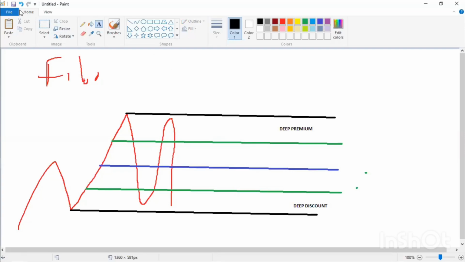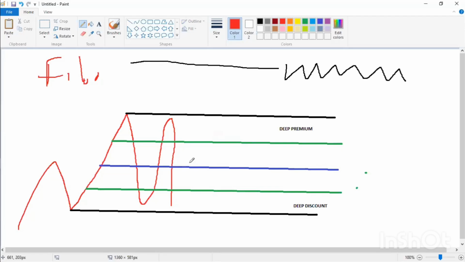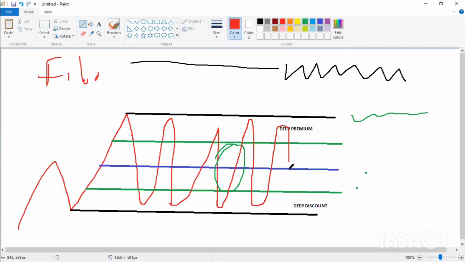In a ranging market, when price is just moving sideways like this, you only sell in dip premium and only buy in dip discount. In between here, we don't do anything, because price likes to range here. They like to do this. So only buy in dip discount, sell dip premium, buy dip discount, sell dip premium, and also dip discount, right?